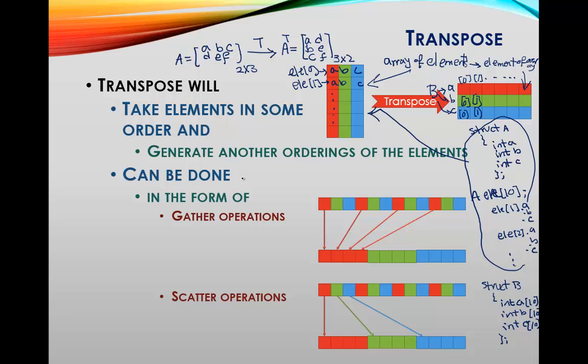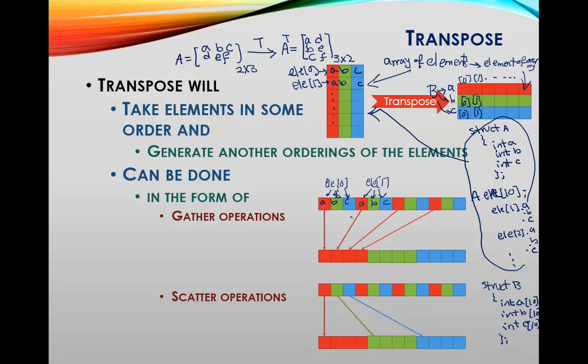So for example, if you want to perform this transpose, and you've got your elements created, so this is going to be your ELE 0 with its A, B, and C, right? And then element 1 with its A, B, and C, and they're placed in memory.